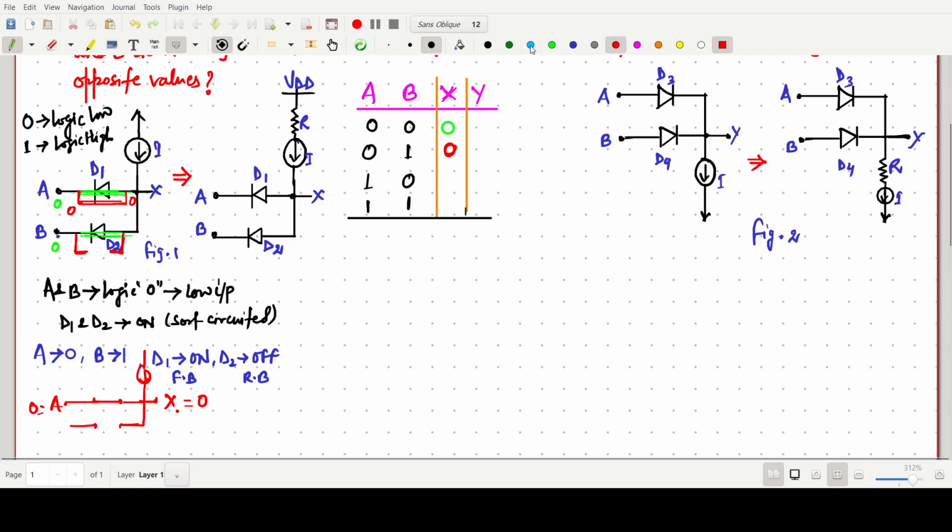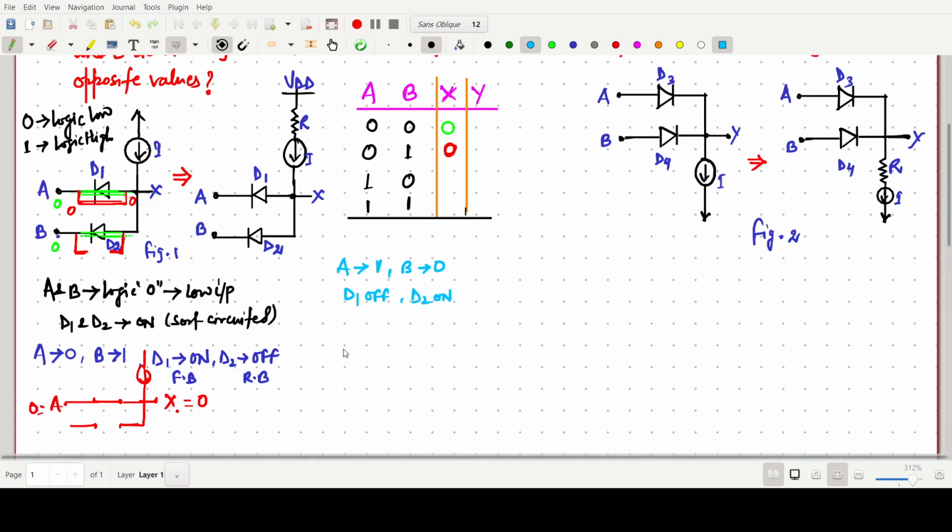Now in the third case, 1 0: when A is 1 and B is 0. A is 1, meaning high value, so D1 will be off and D2 will be on.